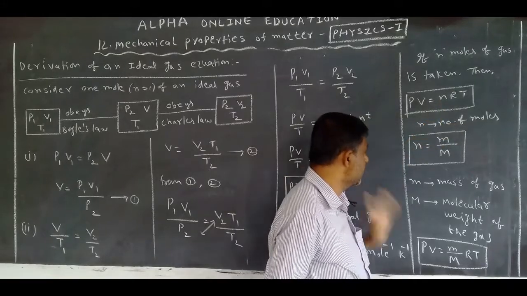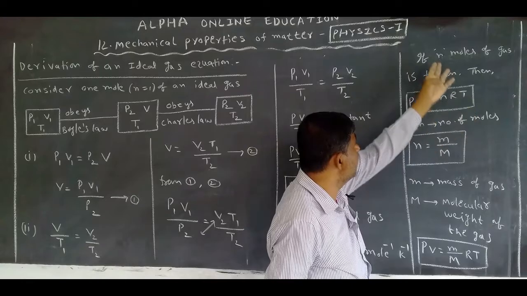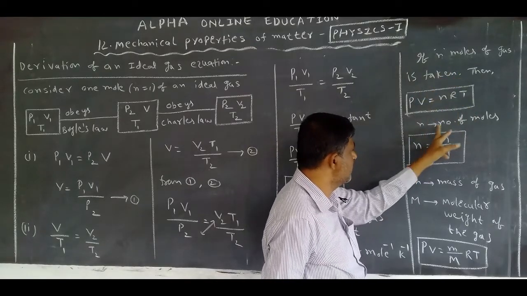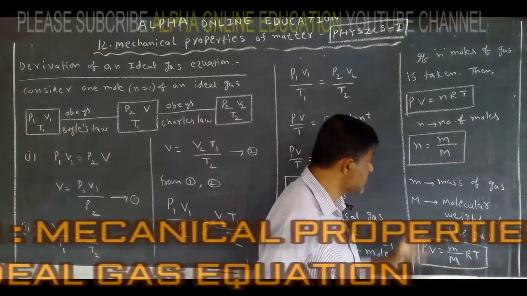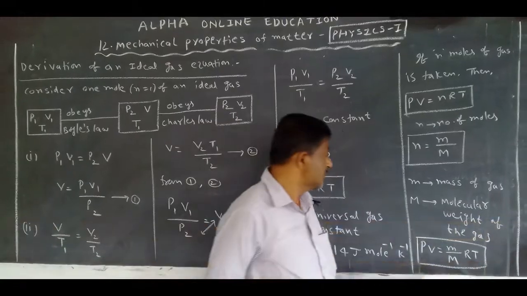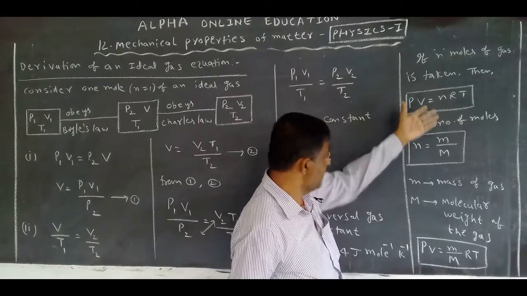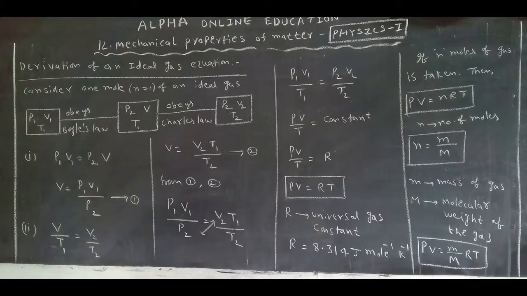PV is equal to nRT for n moles. What is n? Number of moles, n is equal to small m by capital M. Small m is the mass of the gas. Capital M is the molecular weight of the gas. So you can write it like this also: PV is equal to small m by capital M RT.